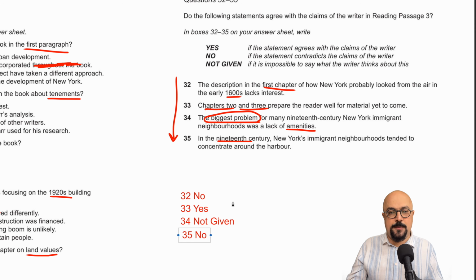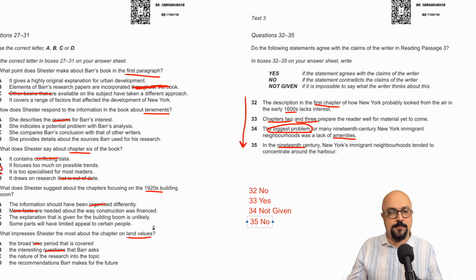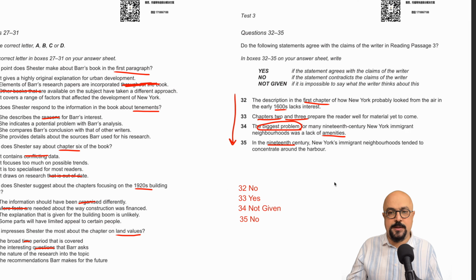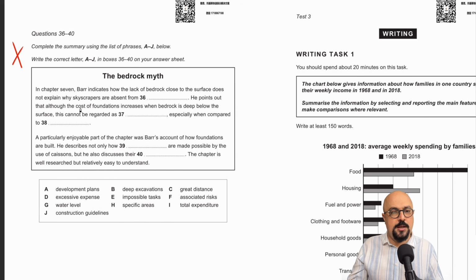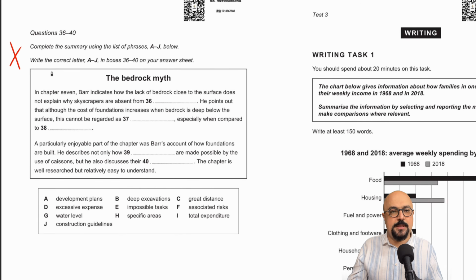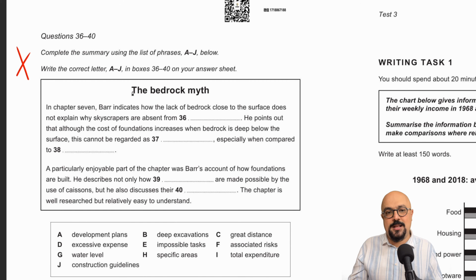Amazing. So on this page, we have only one unanswered question. Let's go on to the remaining questions. It's a summary completion task. Now, in this task, remember to look at the title of the task.